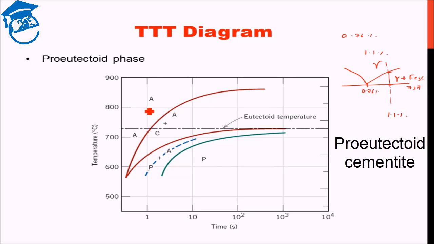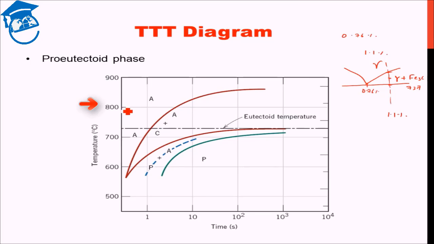What is happening is, suppose you are isothermally treating it at this temperature, let's say 750 degrees Celsius. So we basically cool it from, let's say, 800 to 750 degrees Celsius, and we hold it at that temperature. Initially till 1 second it is 100% austenite, but at around 3 to 4 seconds we see that cementite starts to form.